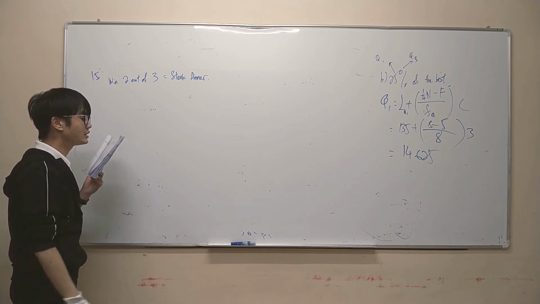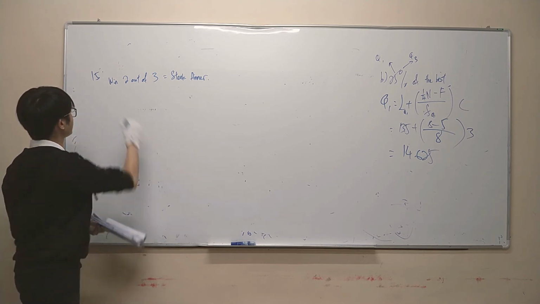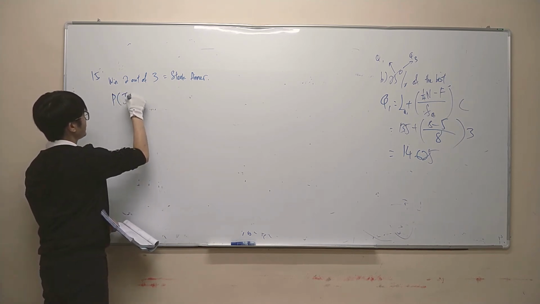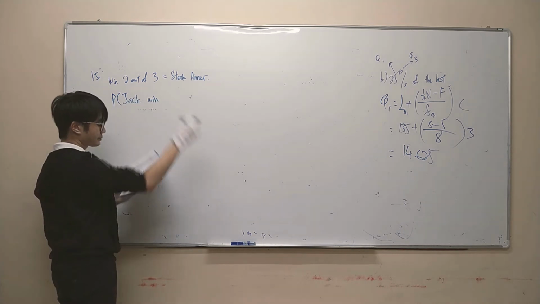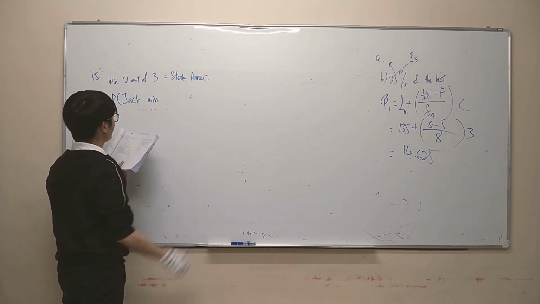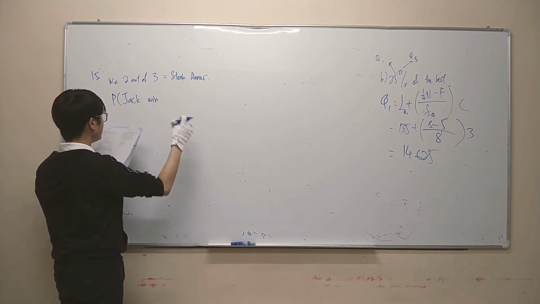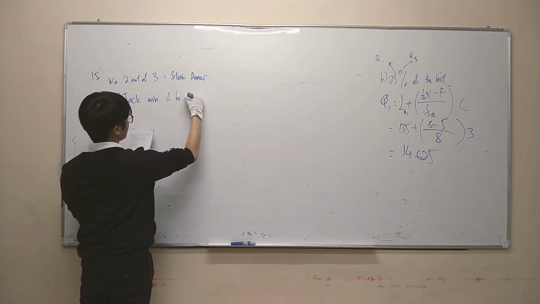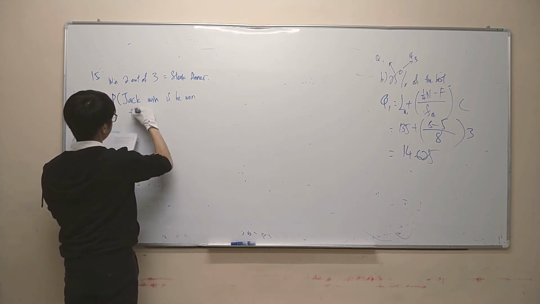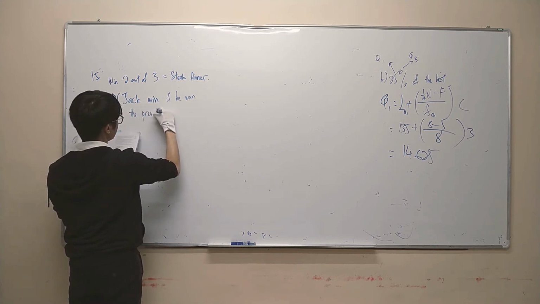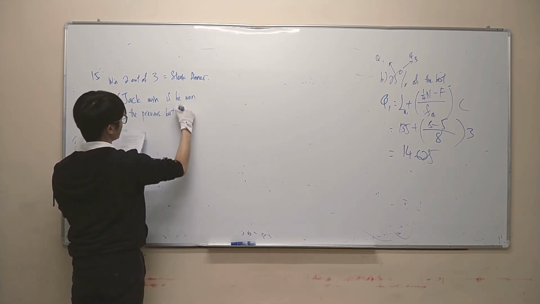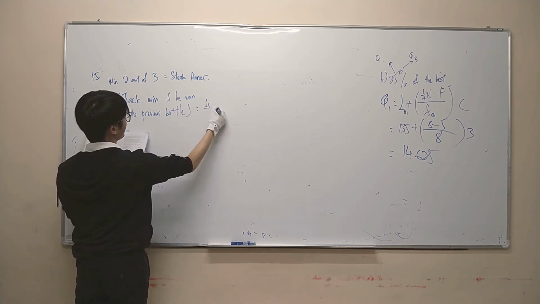Okay, the probability that Jack wins a battle is 4 over 5. So probability of Jack winning is 4 over 5. But read carefully: the probability that Jack wins a battle if he won the previous battle is 4 over 5.